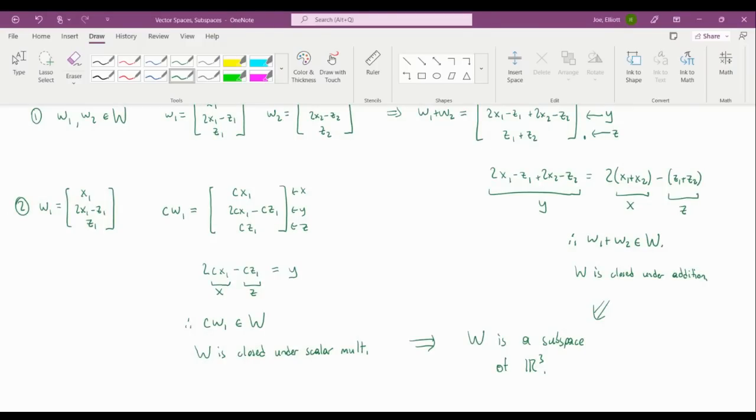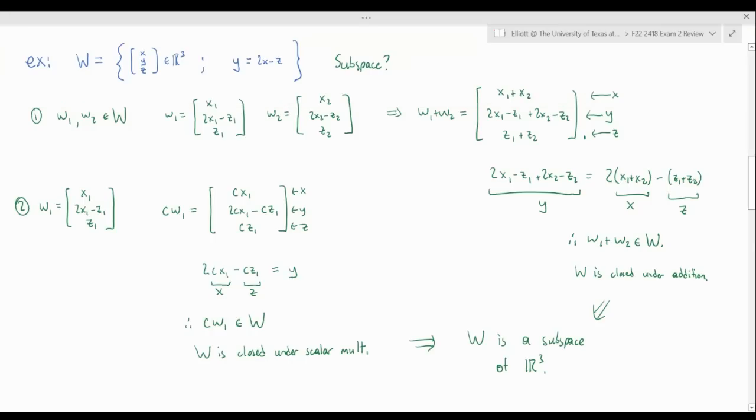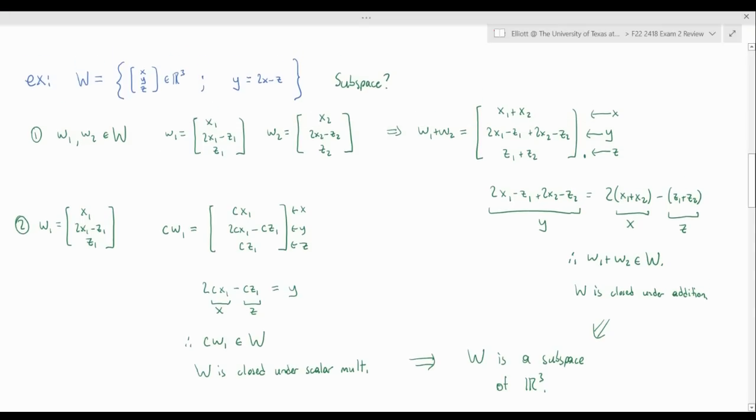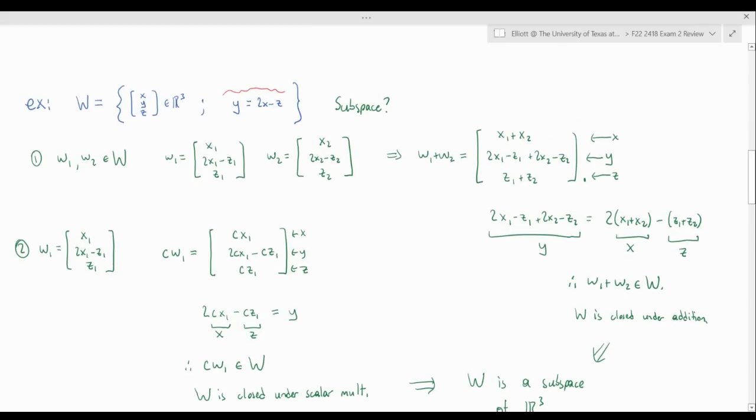I'll make a couple of comments about this example before I move on to some other ones. First, in my example, I wrote the condition as y equals 2x minus z. You could easily see the equation rearranged, though. You might have seen it written as 2x plus y minus z equals 0.